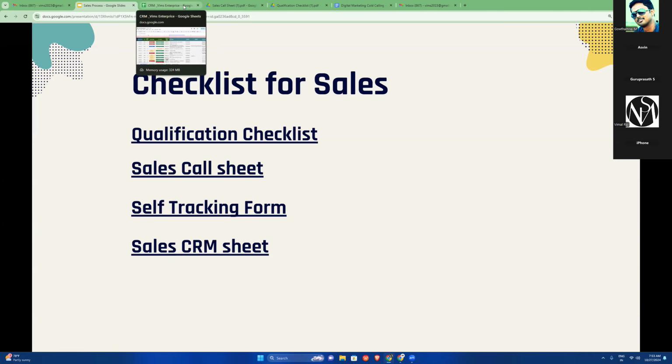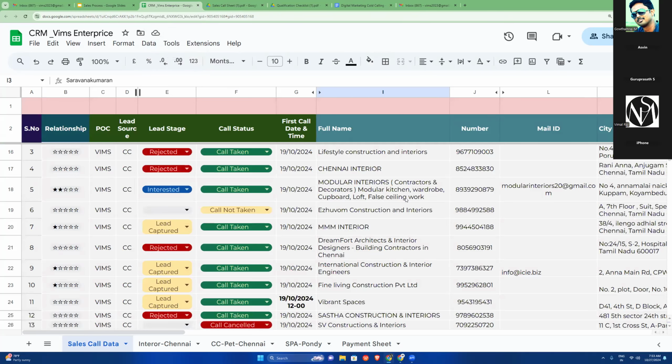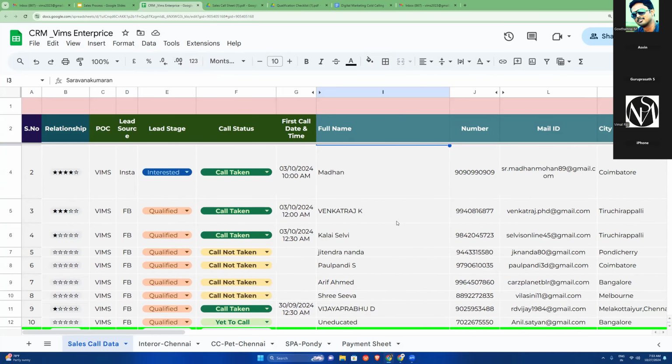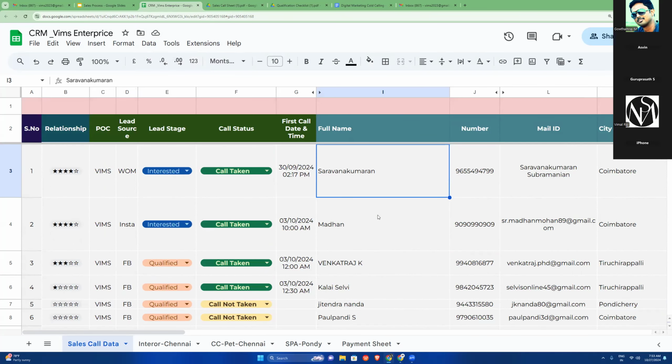Can you just tell me what is CRM? Customer relationship management. It includes customer details, your follow-up, and also the tracking list. Not only a tracker, it also includes your points and the customer's points.